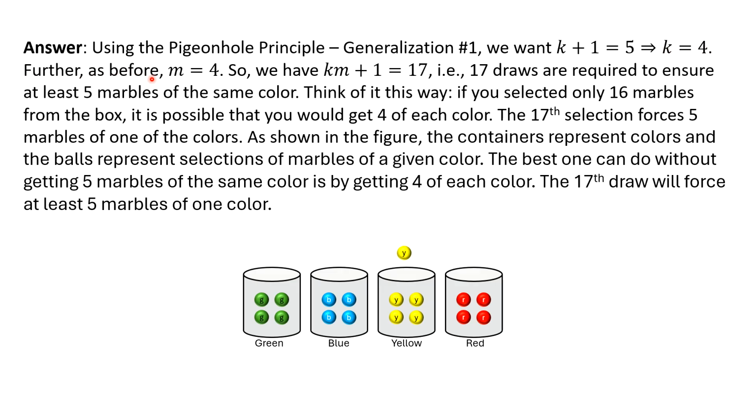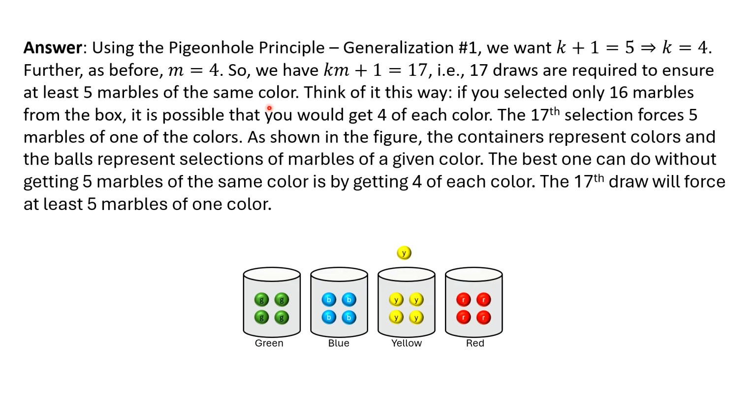Further, as before, with our first version of this problem, m equals 4. So we have k times m plus 1, and that's 17. So the solution to the problem is 17 draws are required to ensure at least 5 marbles of the same color.